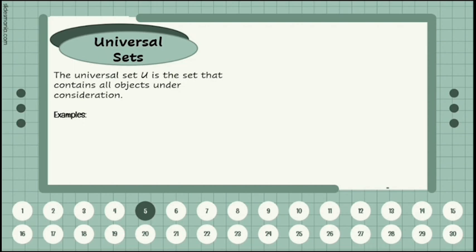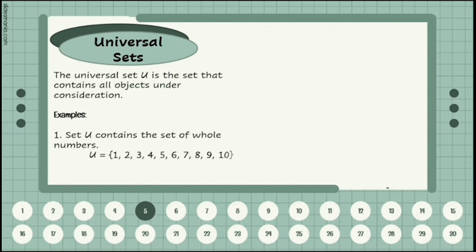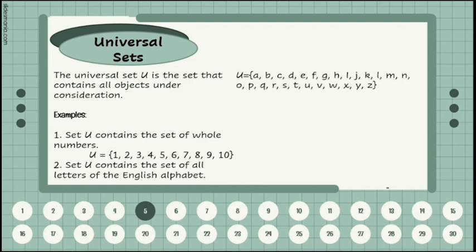So for example, set U contains the set of whole numbers. So we have U equals 1, 2, 3, 4, 5, 6, 7, 8, 9, and 10. And set U contains the set of all letters in the English alphabet. So we have U equals A, B, C, D, E, F, G up to Z.